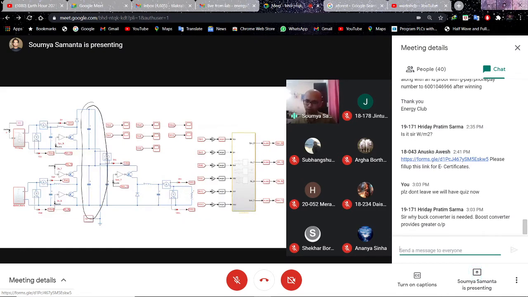Suppose here the voltage is 120 volt, this is 64 volt, and we are combining at either 200 volt or 300 volt. If it is 200 volt, then we can directly connect a light.